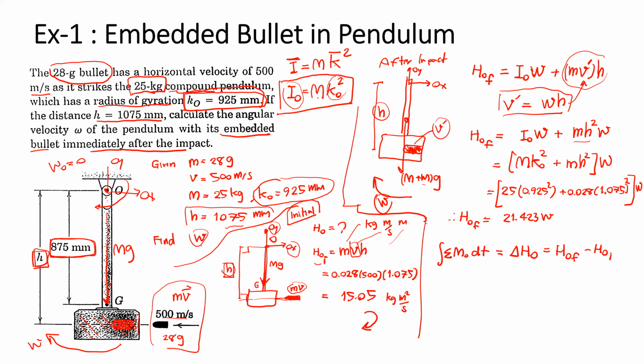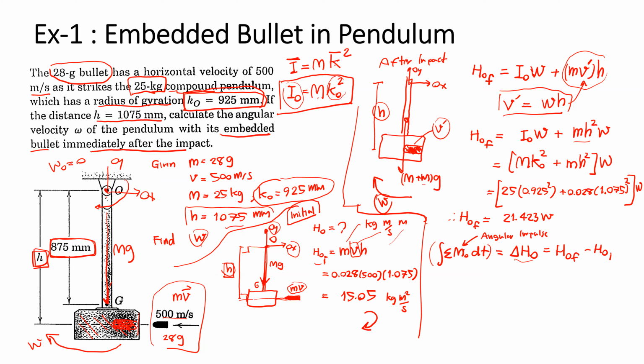It's equal to the change in the angular momentum. Angular impulse is obtained from the summation of moment about point O integrated by dt.